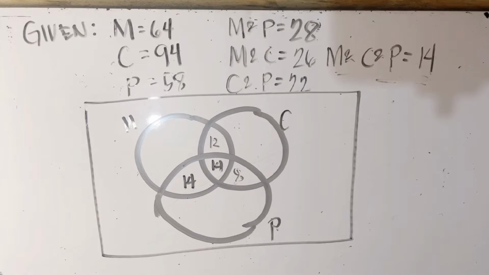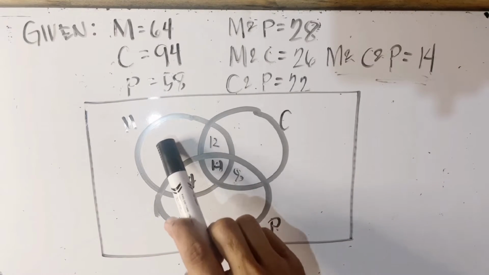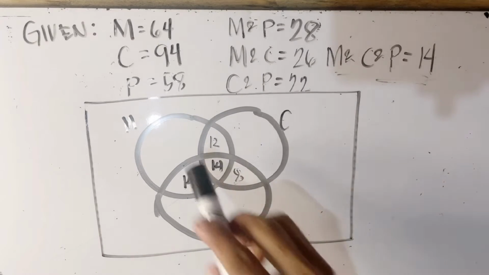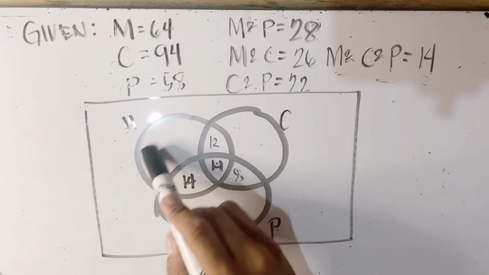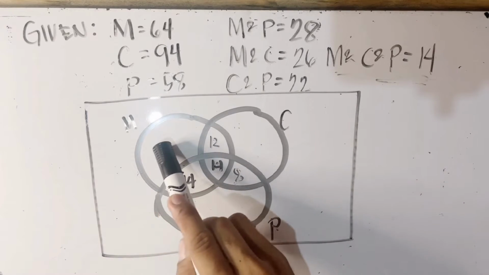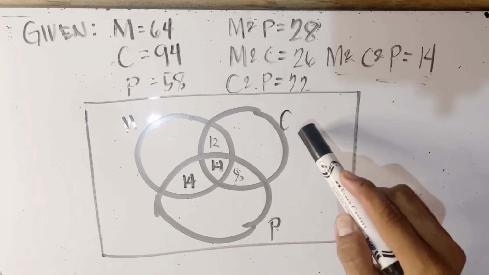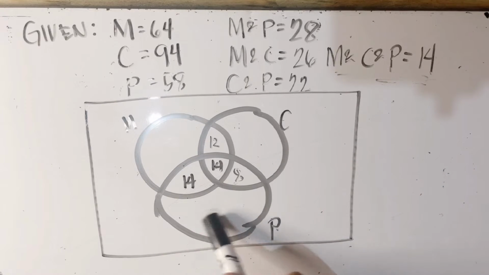Next, let's have this part here. This is the part that we are looking for, the number of students who have taken mathematics only. This part also, the number of students who have taken chemistry only. And this part also, the number of students who have taken physics only.